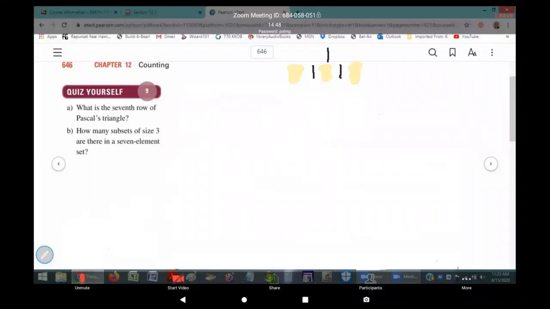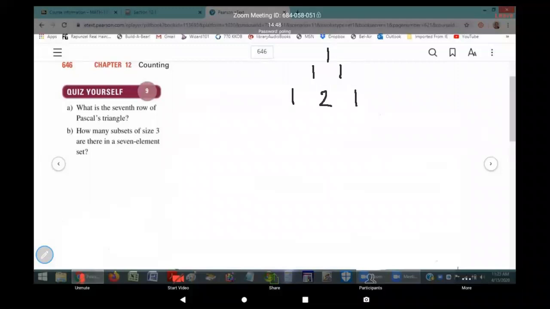Right below that yellow space, then what I need for you to do is begin your next row. It always begins and ends with a 1. So we begin with a 1. And then in our next yellow empty space below, we're going to sum the digits 1 and 1 to get a 2. And now we end with a 1.